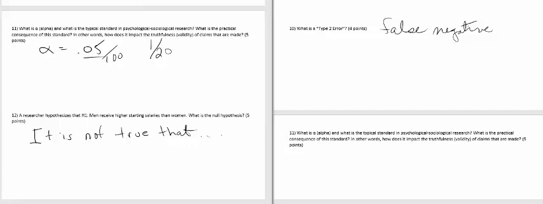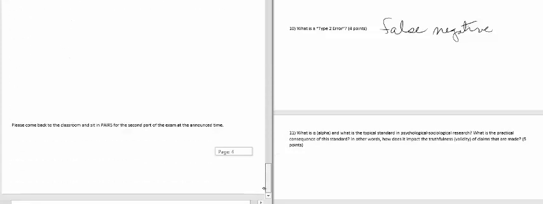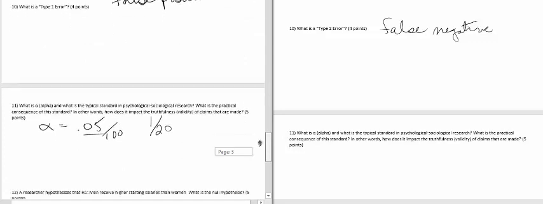And it could lead you into perilous waters if you try to do that on the fly, especially if the phrasing of the hypotheses are tricky with double negatives or subordinate phrases. So it's just easier to say, it's not true that, and then copy the hypothesis. And I believe that's it.